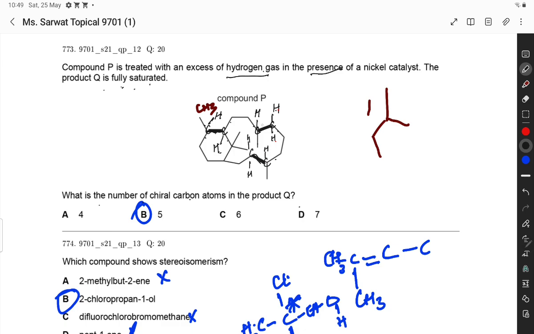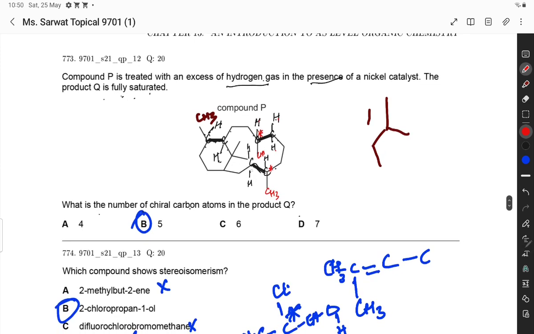This is one chiral carbon, because this carbon is surrounded by H and this is CH3 and this is also a different group. This carbon is also a chiral carbon because of 4 different groups. This is CH and this CH2 and this is CH3. So this is also a chiral carbon.